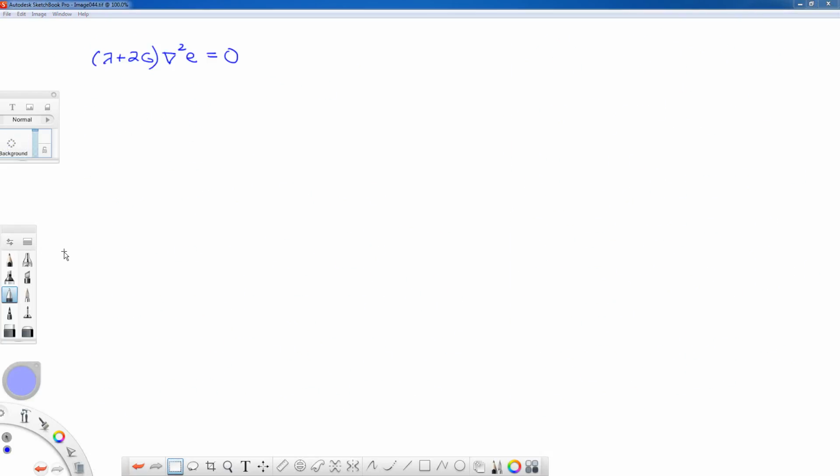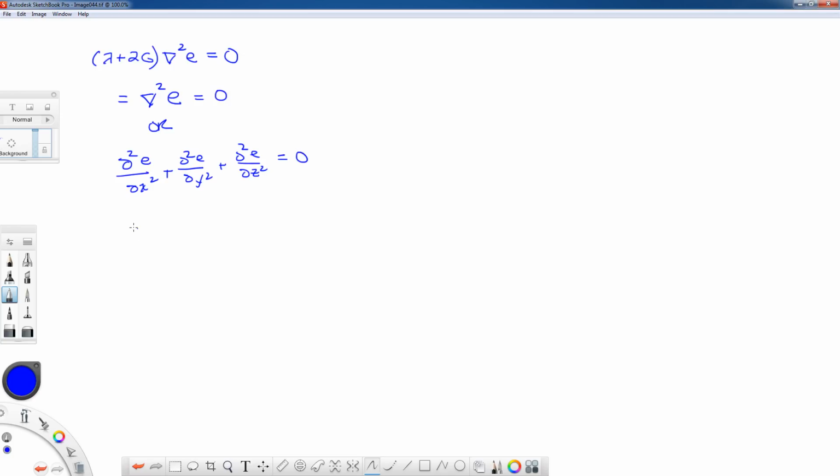And we can do a little bit more work with this. We have lambda plus 2g here. Since that's not equal to 0, if we have constant body forces, then we can say that we have del squared e is equal to 0. Or second partial of the trace with respect to x twice, plus the second partial of the trace with respect to y twice, plus the second partial of the trace with respect to z twice is equal to 0.